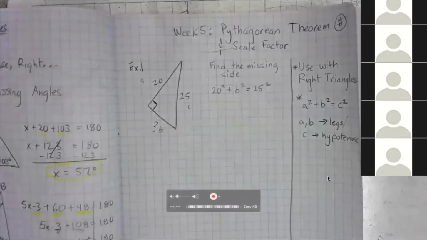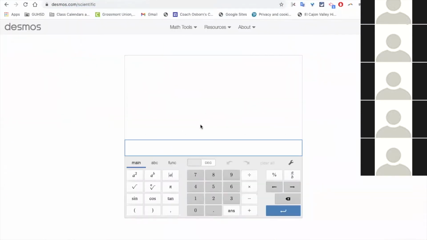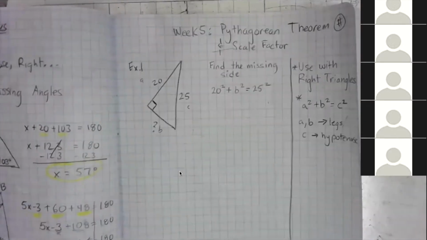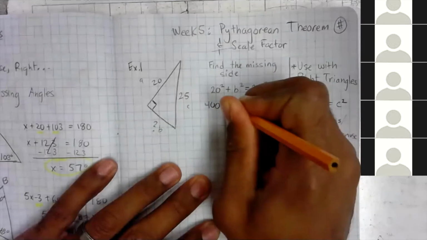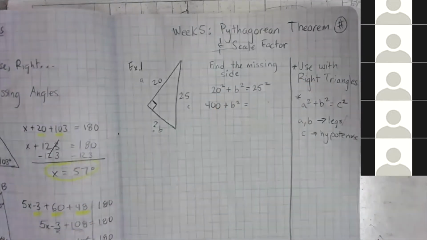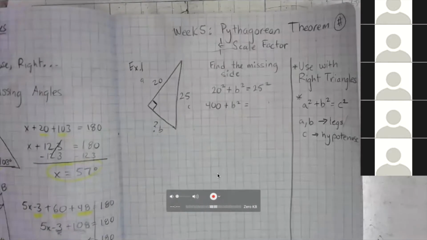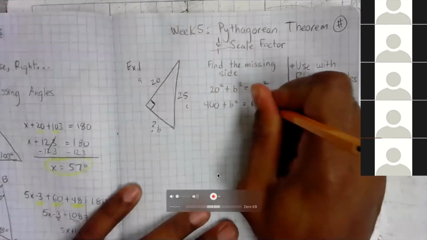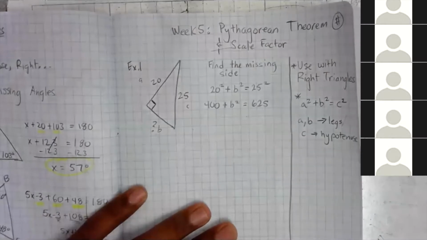Okay, now I'm going to use Desmos for today, just because it's so useful. And the first thing we'll do is 20 squared. 20 squared is 400. And then we'll also square the 25. That's 625. Okay, and again, now we just continue on and solve it like an equation.